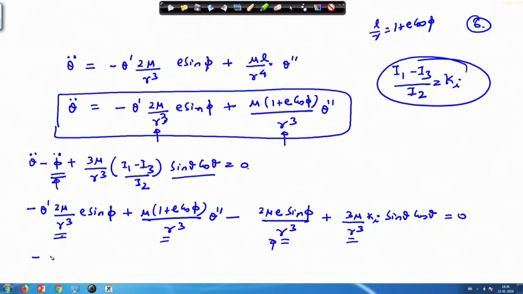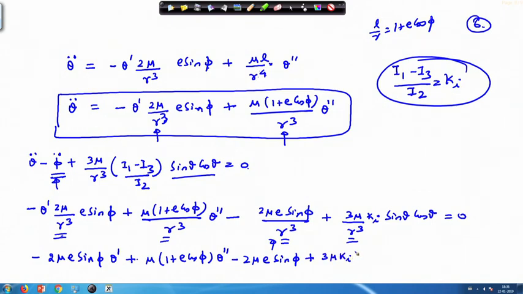Now, this gets reduced to 2 mu e sin phi times theta prime plus mu times 1 plus e cos phi times theta double prime minus 2 mu e sin phi plus 3 mu k I sin theta times cos theta, this equal to 0.